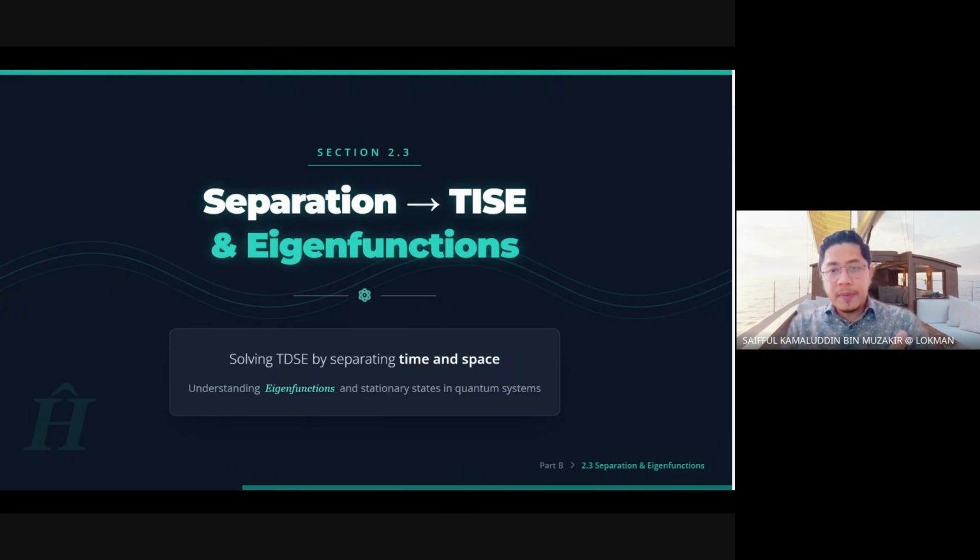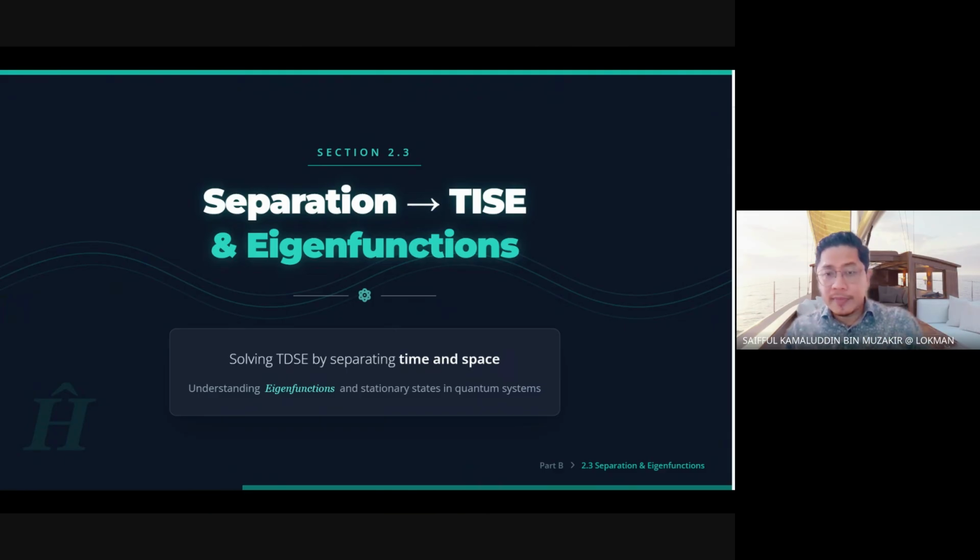This appears when the potential does not change with time. The potential energy, the U, is the interaction between the electron and neighboring electron, and also the proton inside the atom, right? The TISE appears when the potential does not change with time, which is common in many physical systems.